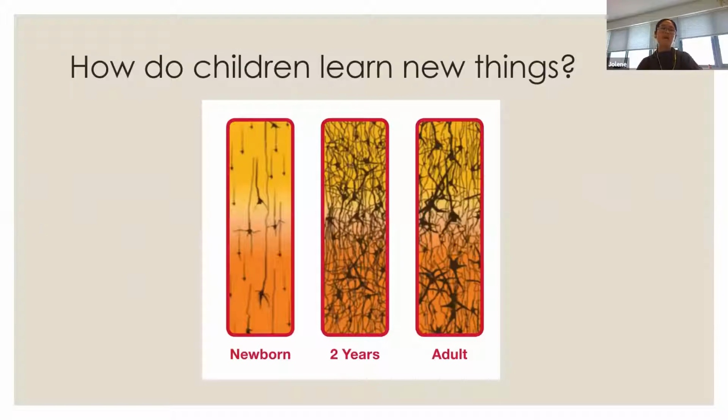So how do children learn new things then? If you look at the slides, when children are first born, they have quite a lot of brain cells, but they're not connected as yet. That's represented by the first picture you see there. And there are neurons, which are wires that connect the brain cells.